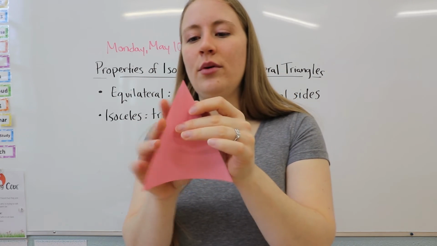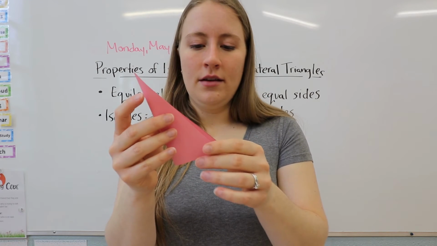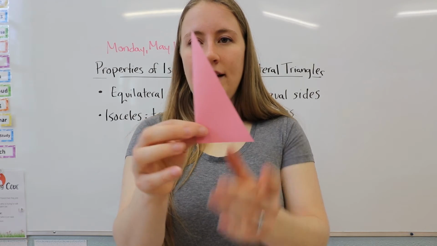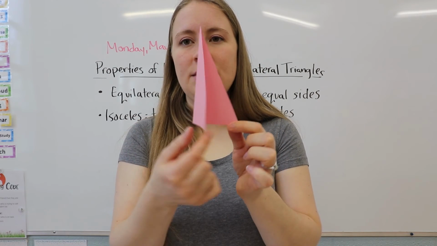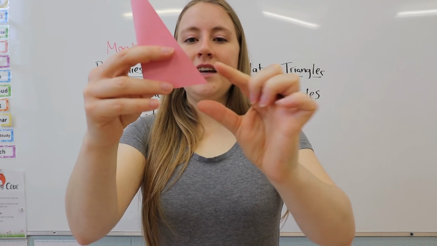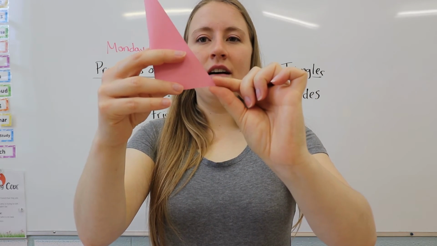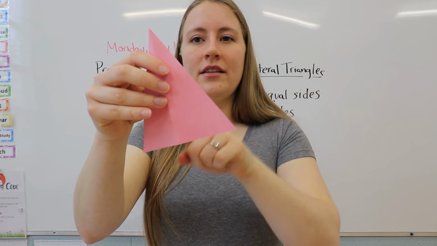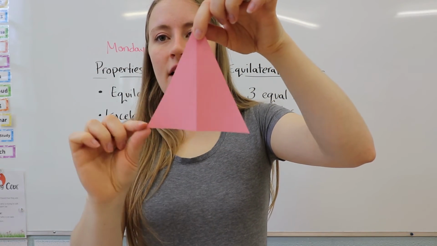And we can fold it in half like this, just like the textbook has done. I've folded my triangle in half, and you'll see that the angles are equal. Okay, so the angles that are opposite the equal sides are equal.